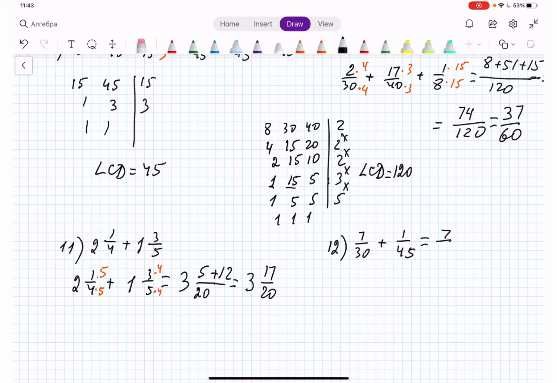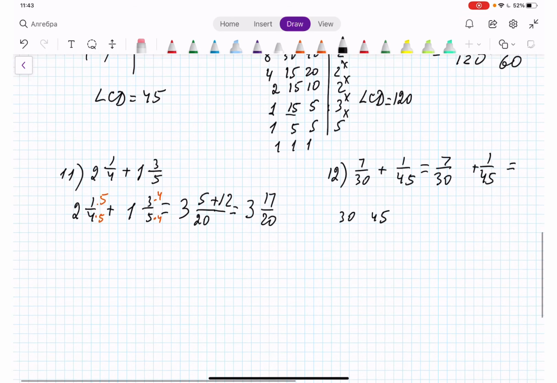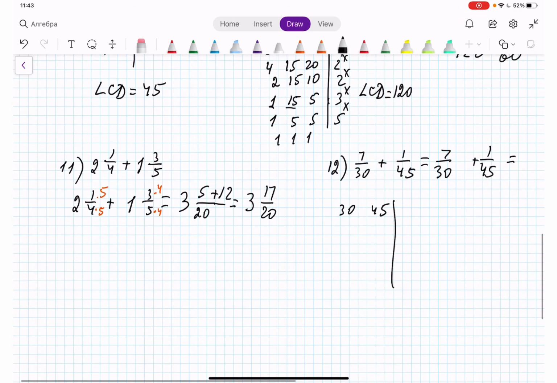So 7 over 30 plus 1 over 45. 30 and 45. 30 I can divide by 3, 10, this will be 15. By 2 is 5, 15 stays, can divide. By 5, this is 1, this is 3, and then 3, 1 and 1.